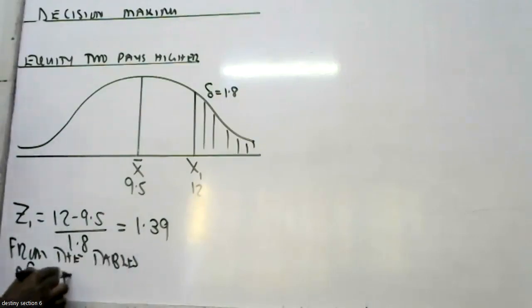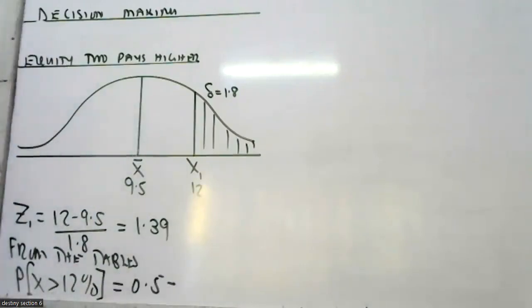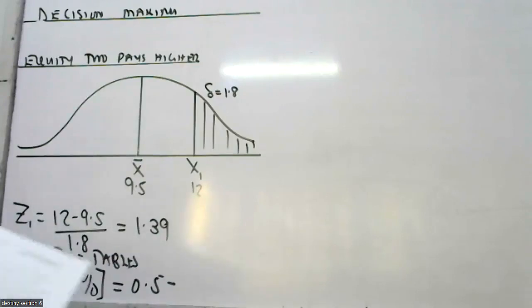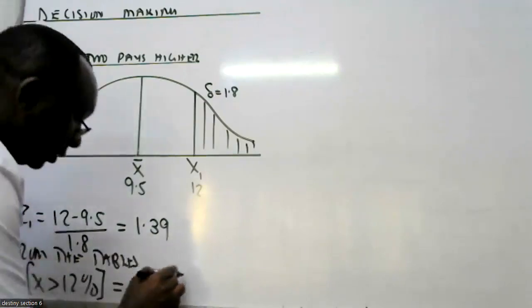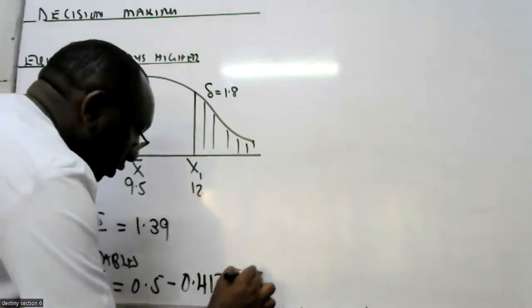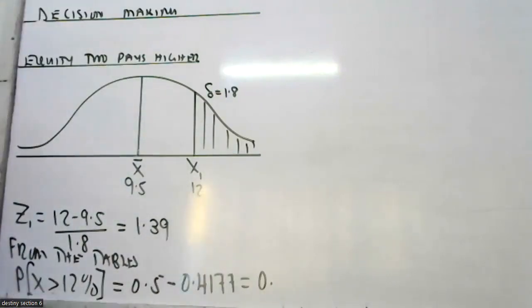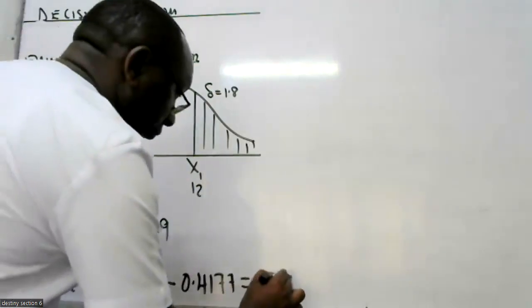the probability that X will be greater than or equal to 12%, actually greater than, will be 0.5 minus 0.4177. So you get 0.0823.